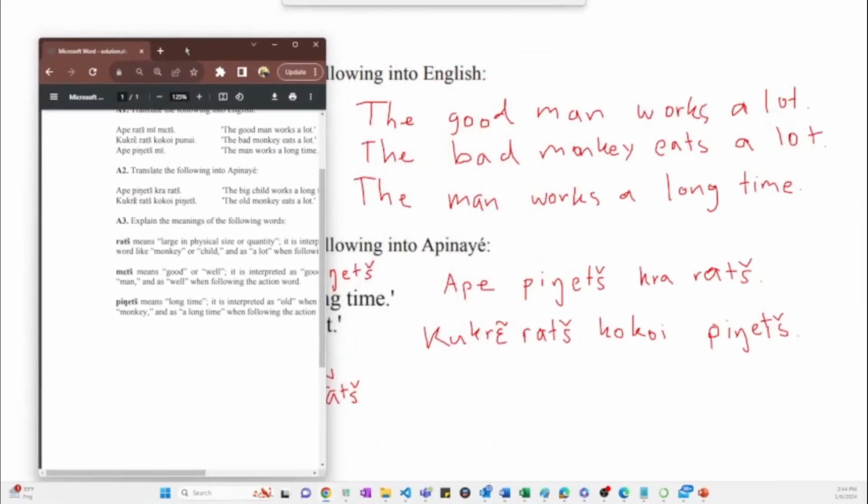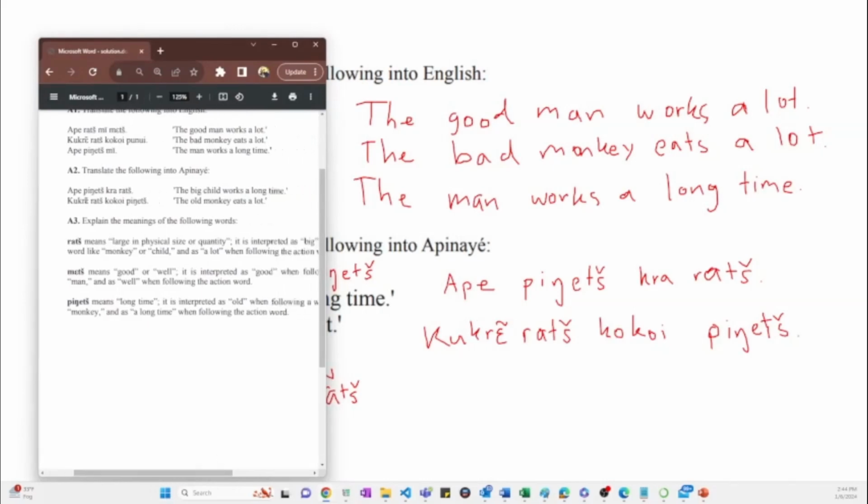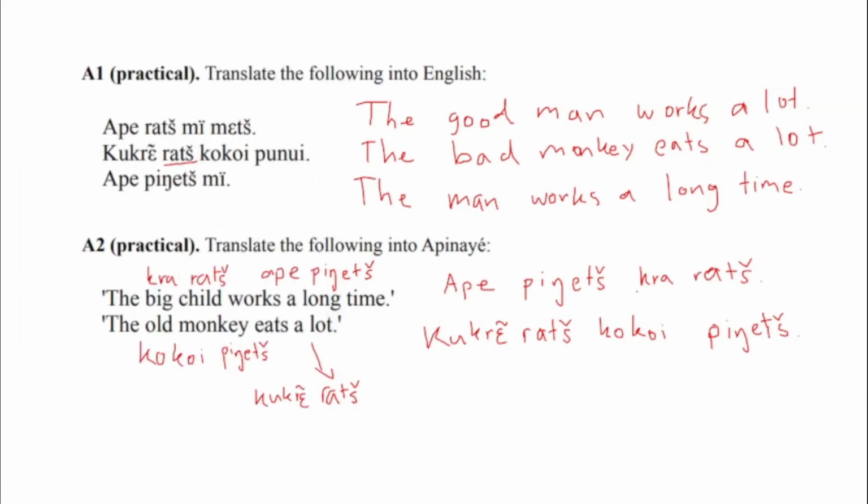Yay. And so the big child works a long time is ape piñet, cra, rach. Make sure you write neatly enough because make sure they're able to tell your H apart from your K.